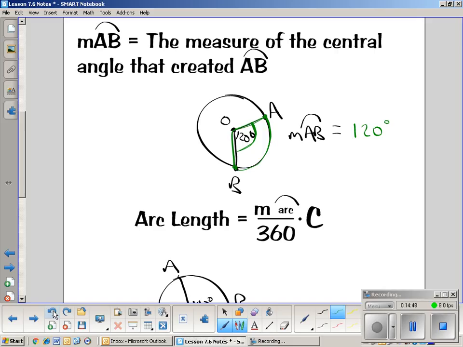Circumference. So what we're saying is this fraction here, the measure of the arc over 360, is telling me how much of the circle I'm talking about. And then C is the entire circle. So if I knew this radius here was 6 inches, and I want to find the length of arc AB, okay?